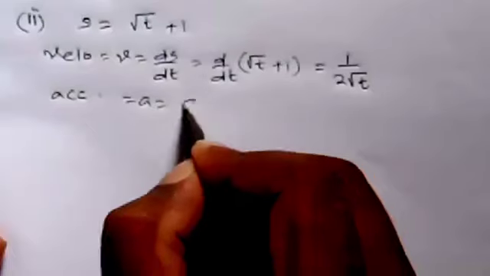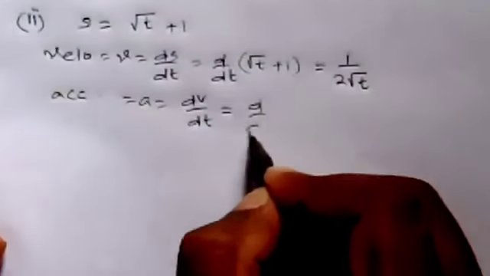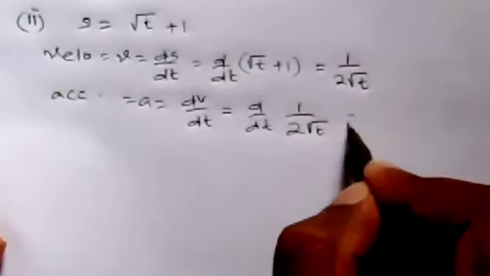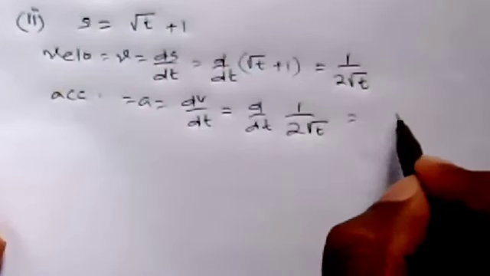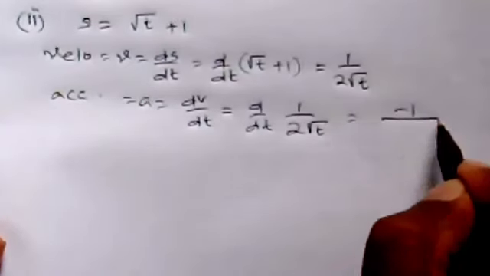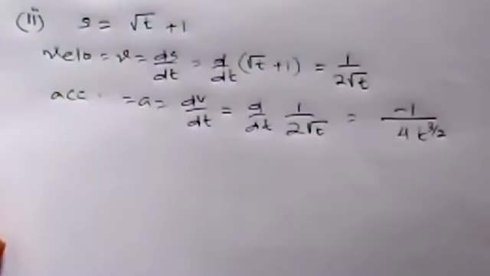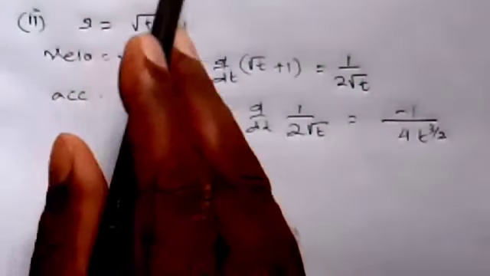Acceleration a is the derivative of velocity, derivative of 1 by 2 into root t, and after differentiating, as you know, you will get minus 1 by 4 into t to the power 3 by 2. So these are the velocity and acceleration, but we want velocity and acceleration after 2 seconds.